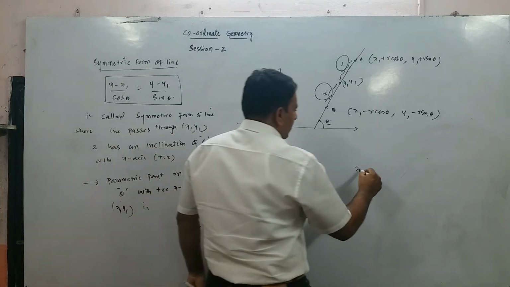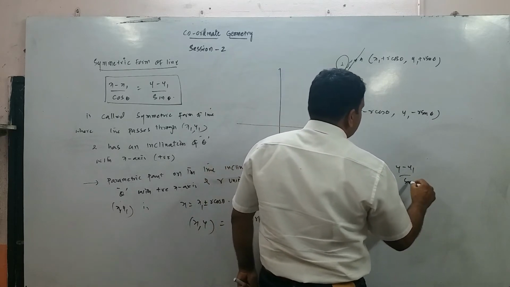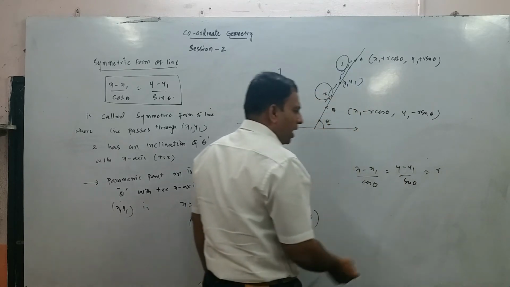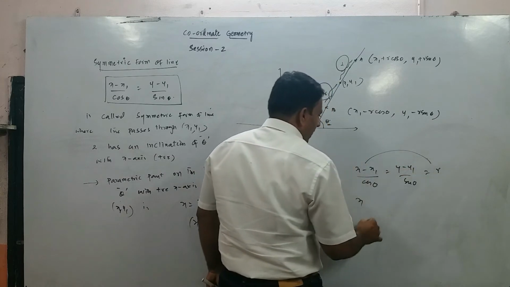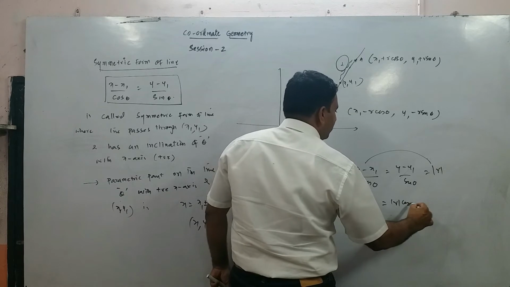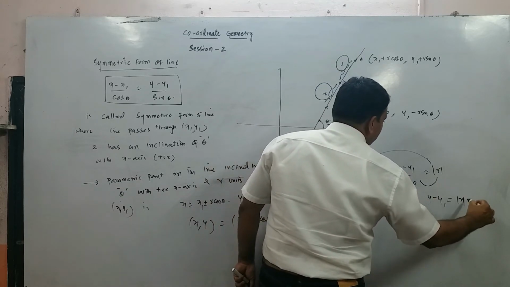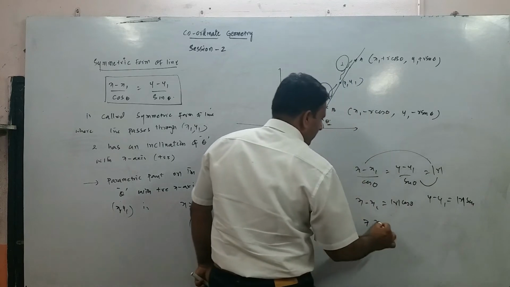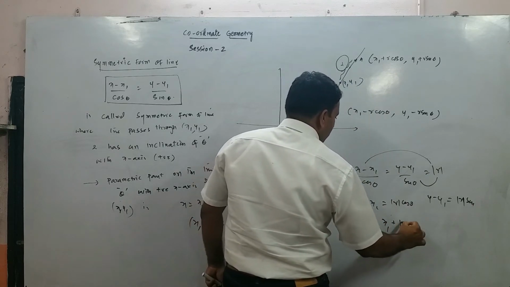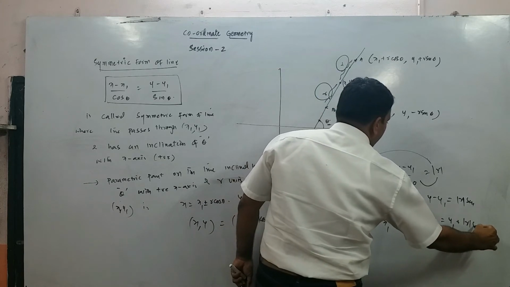If I write (x minus x1) by cos theta is equal to (y minus y1) by sin theta, both of them if I say equated to r, then what will happen? Say modulus r: x minus x1 is equal to mod r cos theta, y minus y1 is equal to what? Mod r sin theta. So x is equal to x1 plus mod r cos theta, y is equal to y1 plus mod r sin theta.